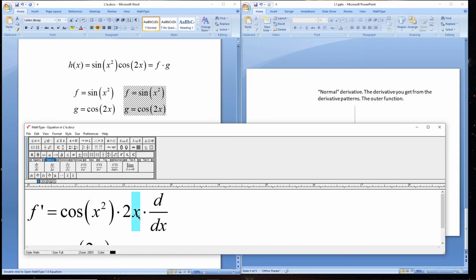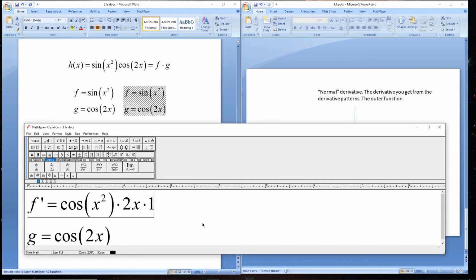But the argument here now is just x. And a derivative of x with respect to x is 1. And that's what I mean by the chain rule ends. Once you get to just a single x, then there's no more chain rule, because the chain rule now will pop out ones. And so we're done.